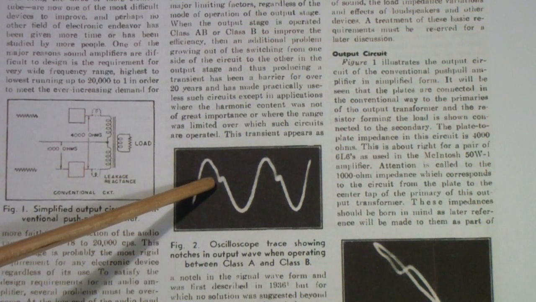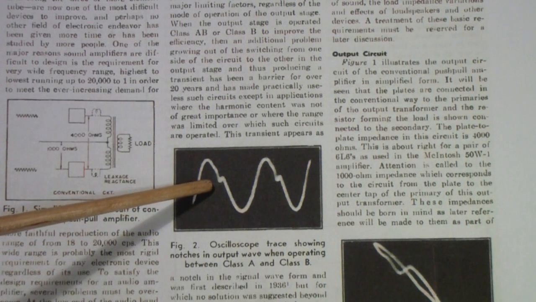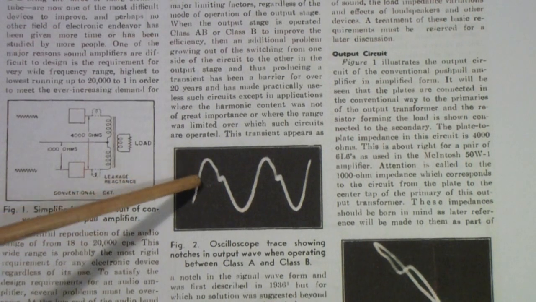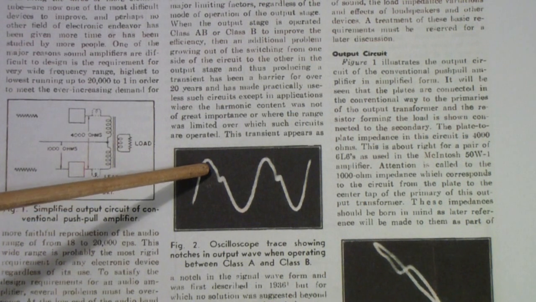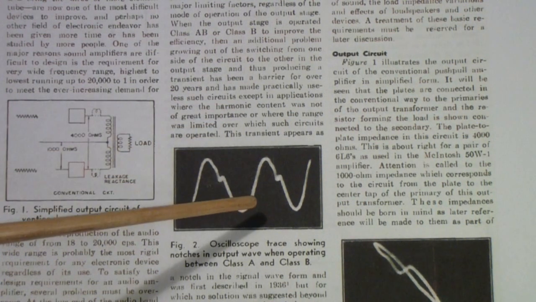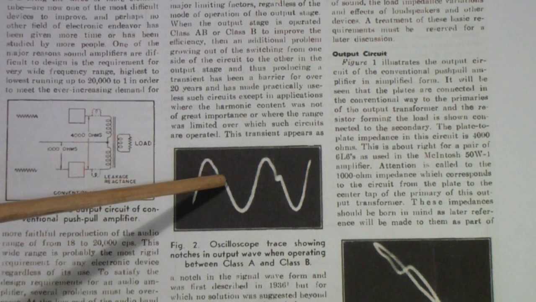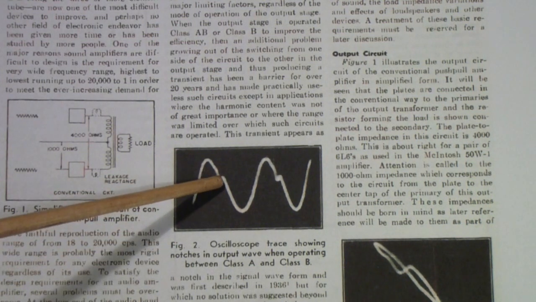And I'm going to start by talking about this distortion at this point. Now, as you probably know, when you have a Class AB amplifier, one side of the output stage conducts in the positive direction, and another side conducts in the negative direction, and the handoff between the two is not always smooth.